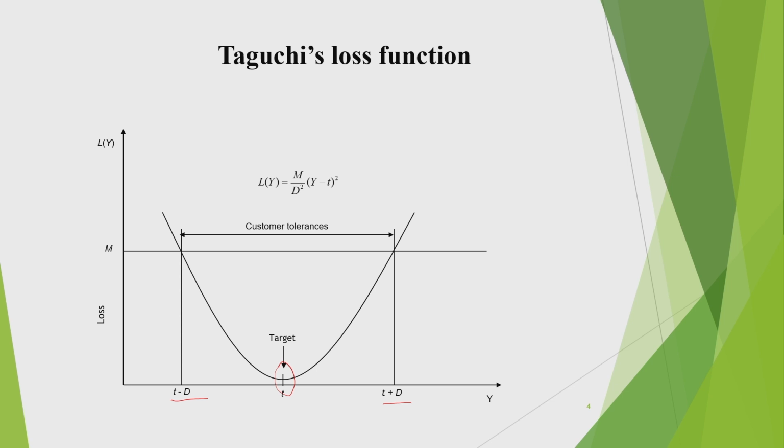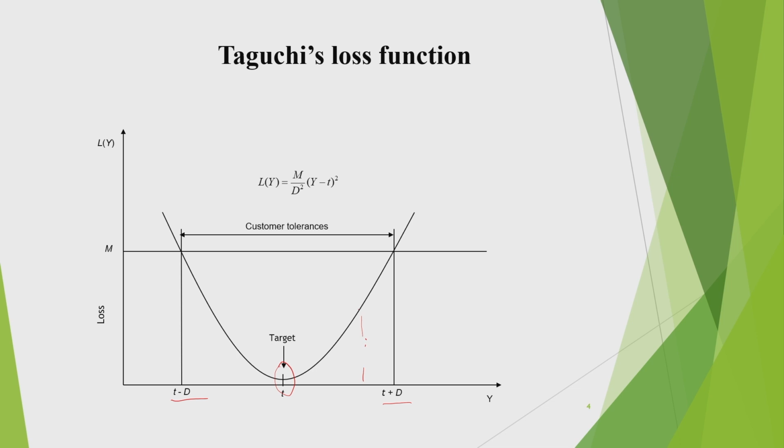So Taguchi said, fine, the customer may be happy with T plus D, but even if you are making at this dimension, although the customer will accept, you should consider that it is basically a loss. You should always try to make the target.